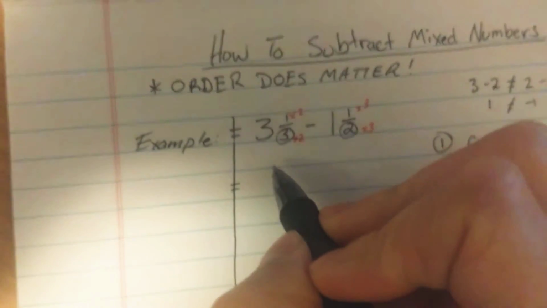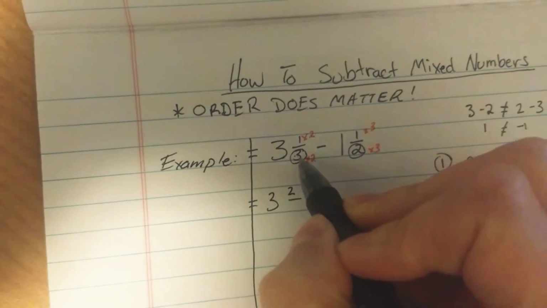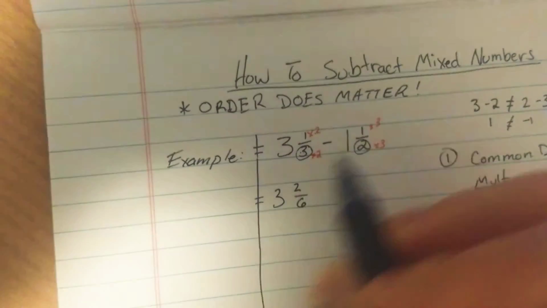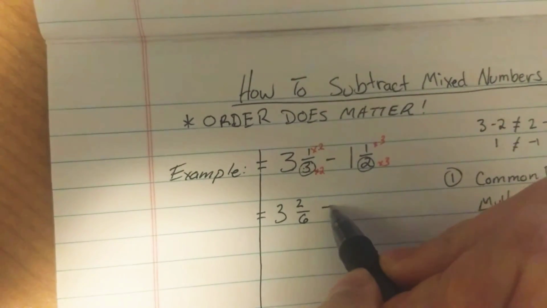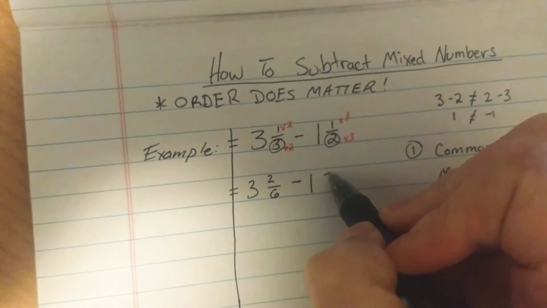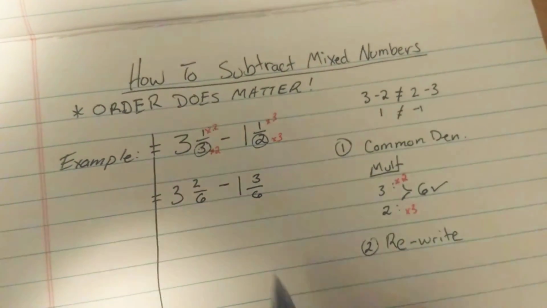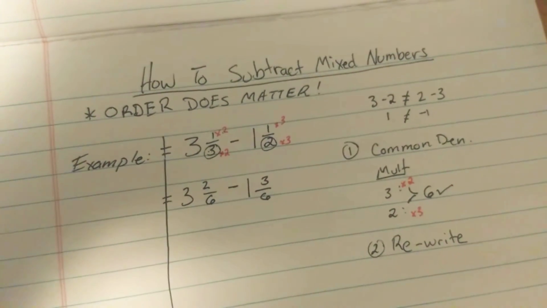So I'm going to have 3, 1 times 2 is 2, 3 times 2 is 6, 2/6. Subtracting 1, 1 times 3 is 3, and 2 times 3 is 6. I should have a common denominator of 6, which I do.